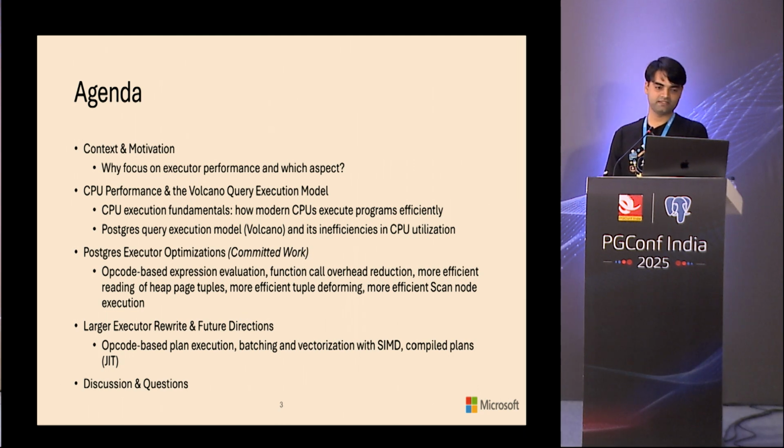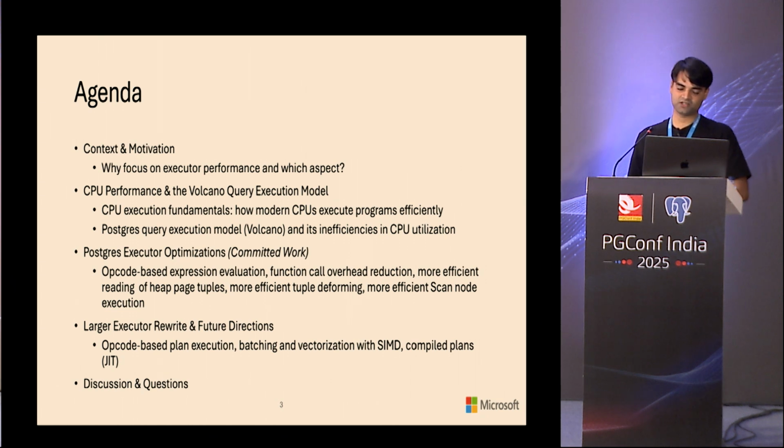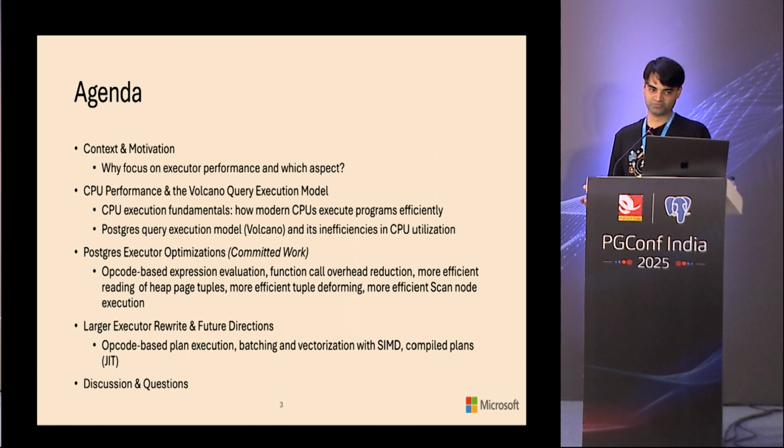So here is today's agenda. First, I would like to clarify why we should talk about executor's performance, and which aspect of performance I'm going to focus on, since performance can mean different things to different people. To do that, I'll have to give a theoretical introduction to how CPUs work.